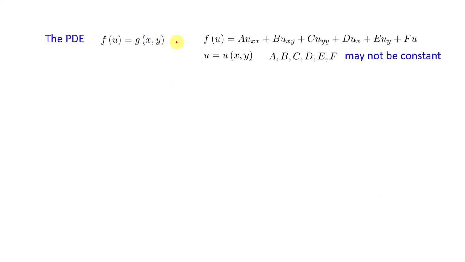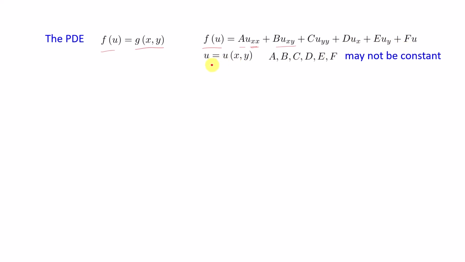So let us take a PDE of u, that is f of u is equal to some function of x and y. Here this f of u is a multiplied by uxx, which means double derivative of u with respect to x, plus b multiplied by uxy, double derivative of u with respect to x and y, etc., up to c uyy plus d ux plus e uy plus f u.